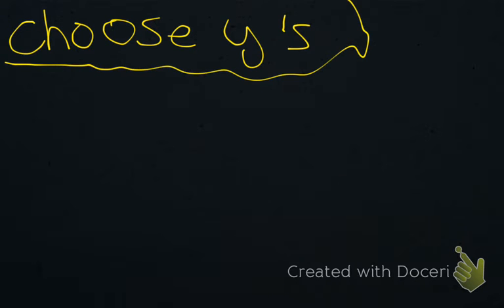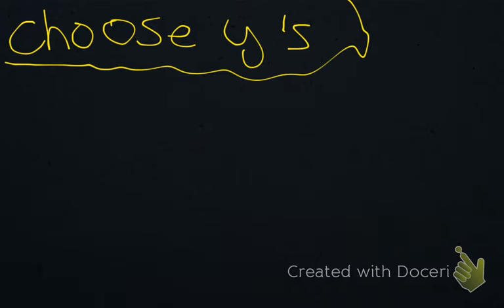Okay, so now we have our graphs. So we've got to pick our x's and our y's. So let's go ahead and do that on a separate slide. Okay, so with the horizontal parabolas, we should always choose y's. Trust me, it will make life a lot easier.